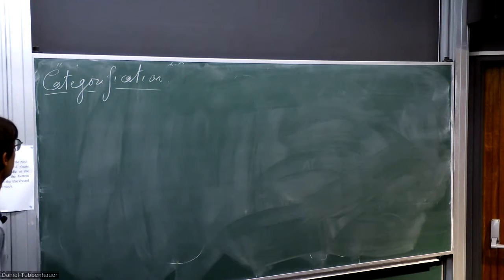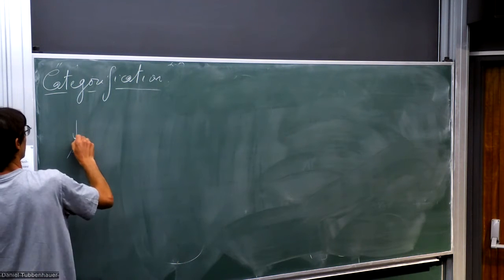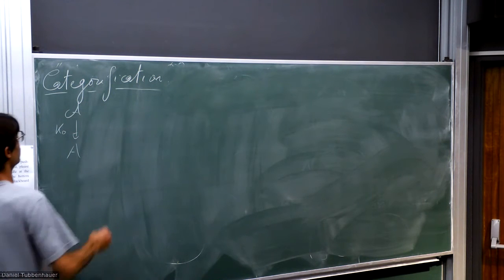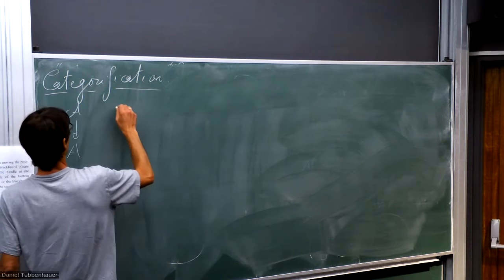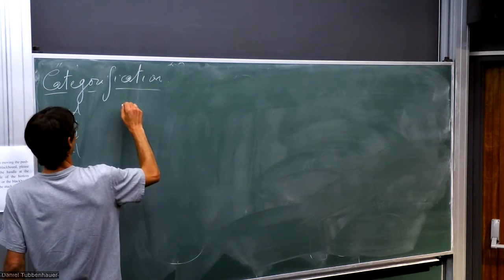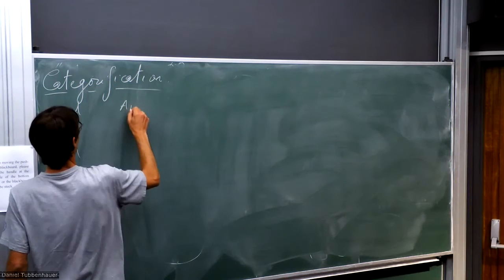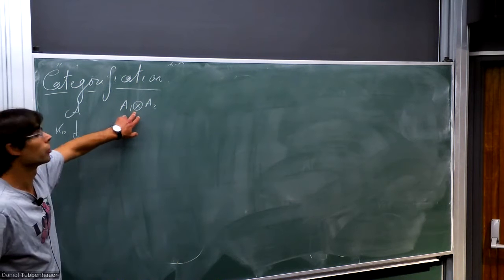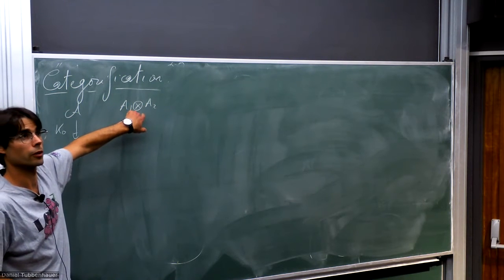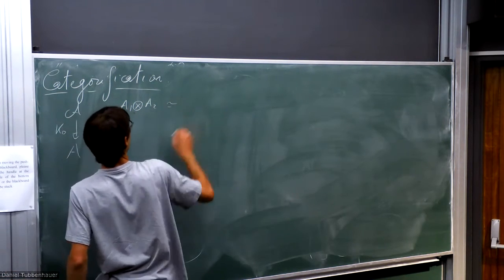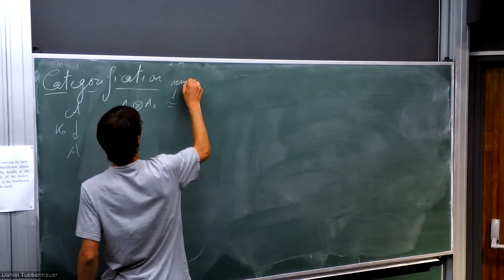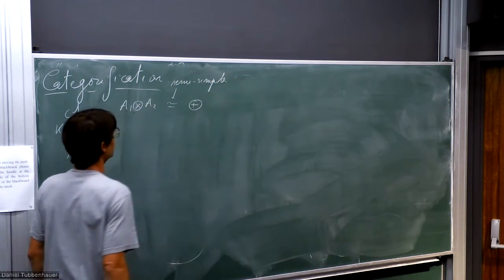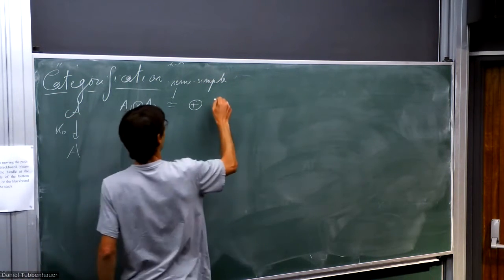So if my algebra A has some category behind it, and if my category is very simple, then whenever I have A1 tensor A2, so I would like to have a monoidal product on the category, and I would want to have something semisimple. Then this would decompose into a direct sum of simple objects.